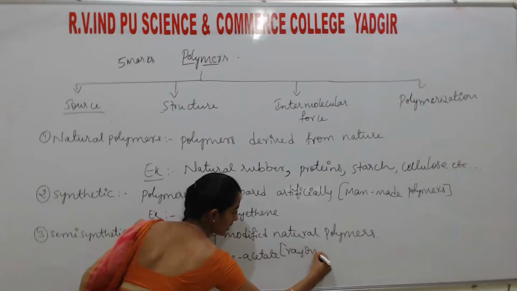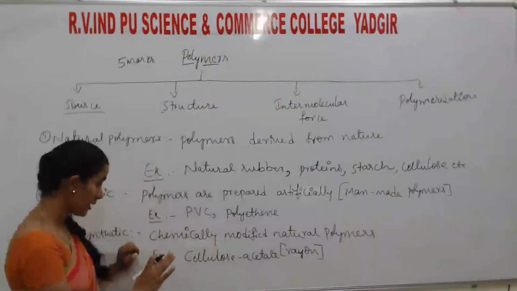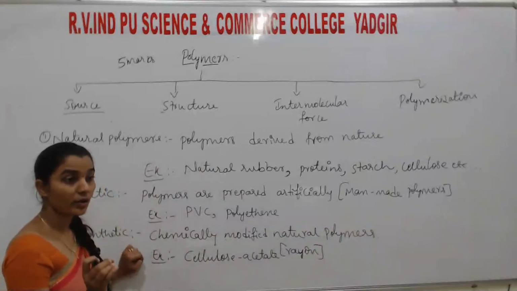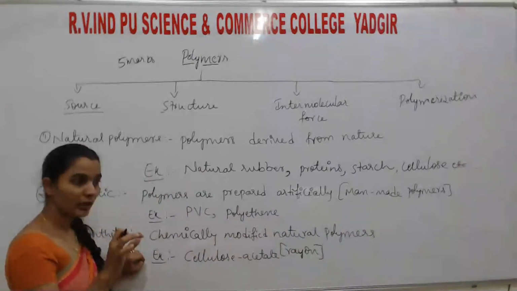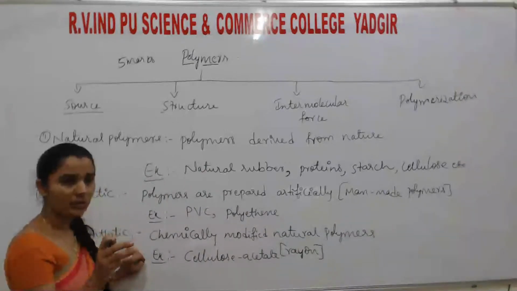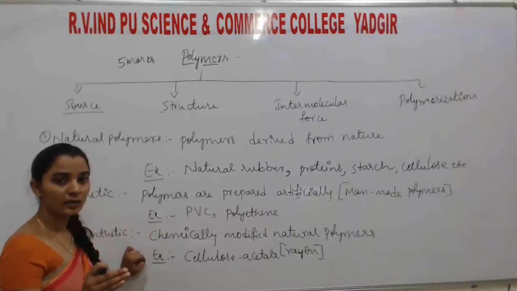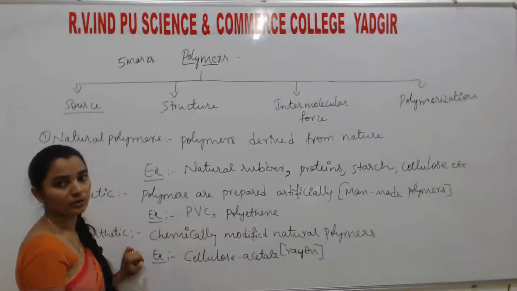So this is used in textile industries. If you don't see rayon anywhere, go and check in the iron box. There, the different cloth arrangements are given with respect to the different cloth materials: cotton, silk, nylon. Understand? Rayon is also an option.